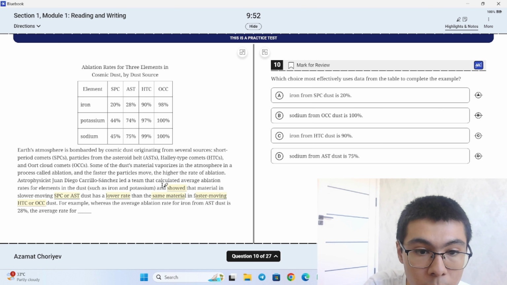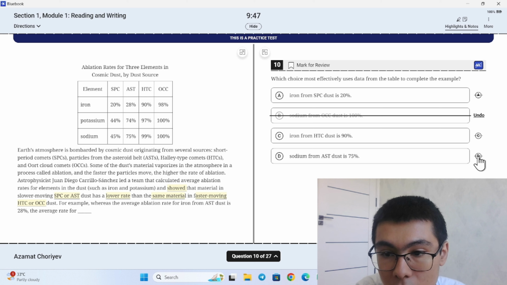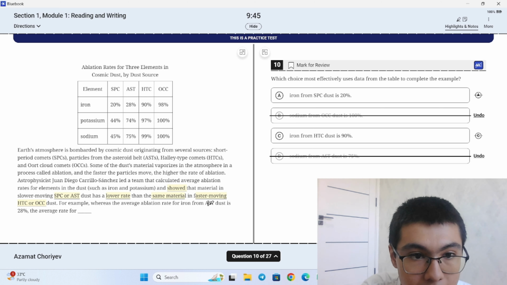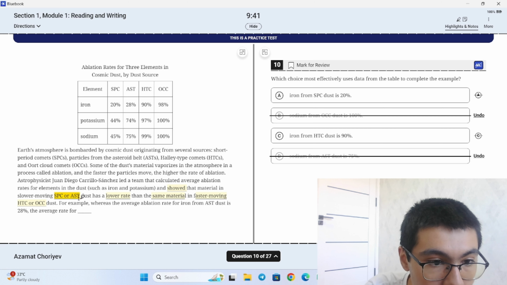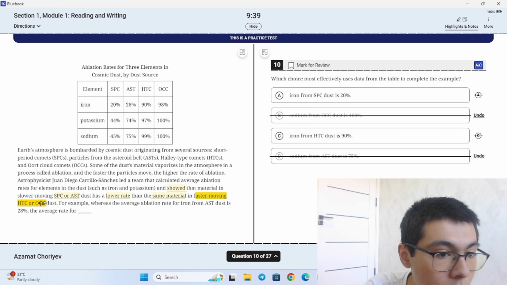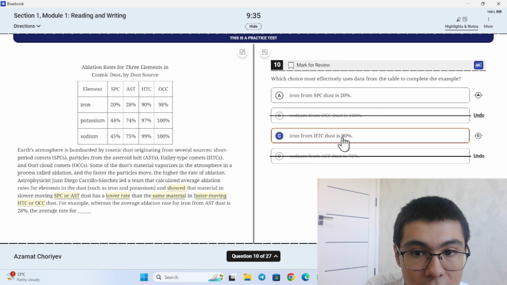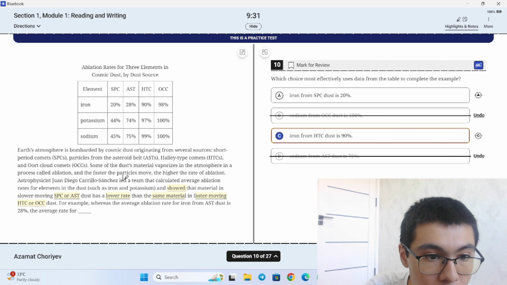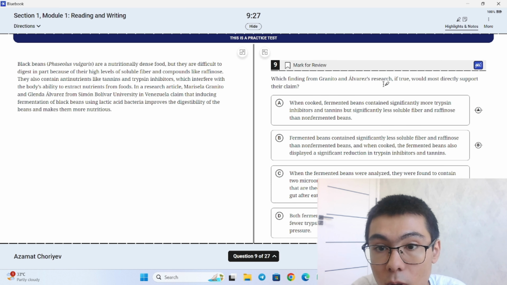We want the iron because it says the same material, so we're going to eliminate sodium here. ASD. So we have to compare that ASD to either HCC or OCC. So here we have HCC. Is it correct? Yes. We can't compare to CPOs because it's so slow moving.